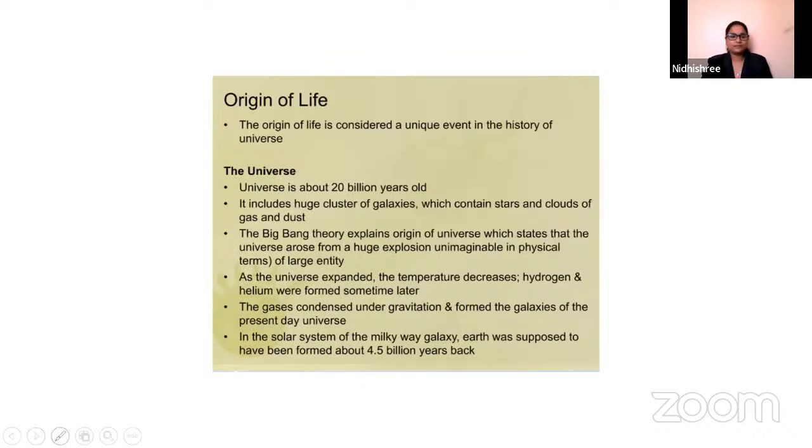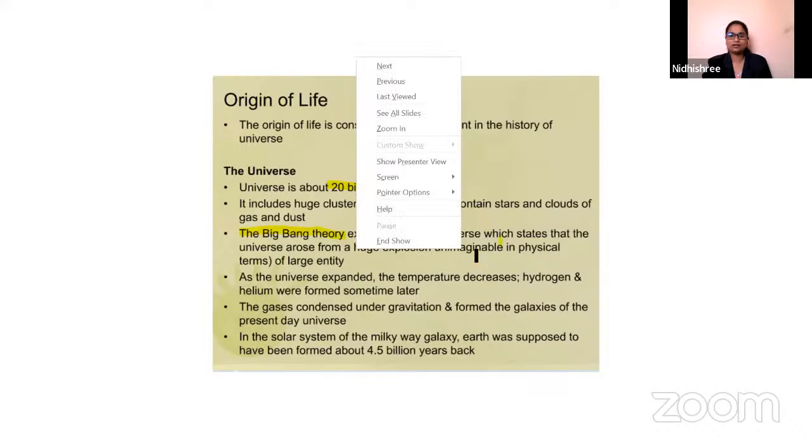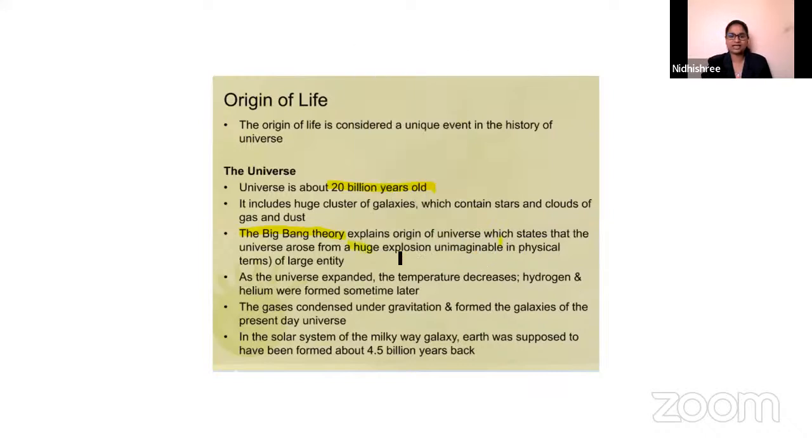In this slide, we have to mainly focus on the universe, about 20 million years ago. The Big Bang theory explains the origin of the universe, which states that the universe arose from a huge explosion, unimaginable in physical terms of large entity.